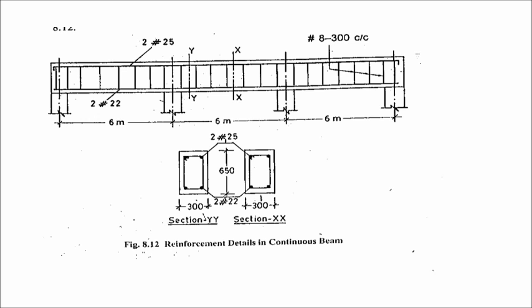Each span is 6 meters. The beam dimensions are width 300, effective depth 600 and overall depth 650. The diagram below shows the reinforcement details at section YY and section XX.